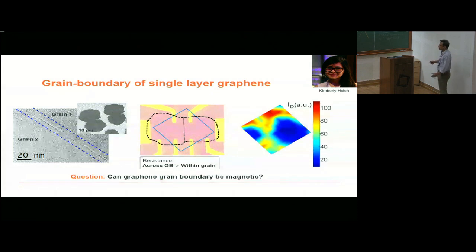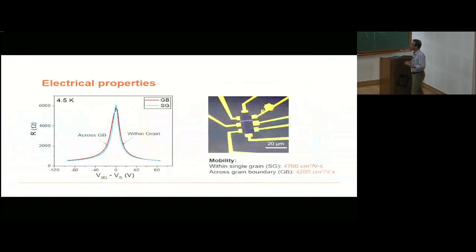So the question is, can a graphene grain boundary be magnetic in nature? And if it is, then how do you look at it? This is a typical graphene grain region in this particular device, where there are 2 traces. One is across the grain boundary, which is the red one. And if I do the same experiment with a single grain region, the conduction is more mobile.